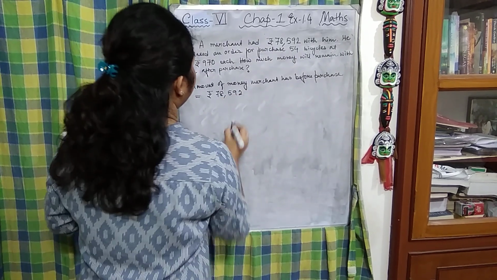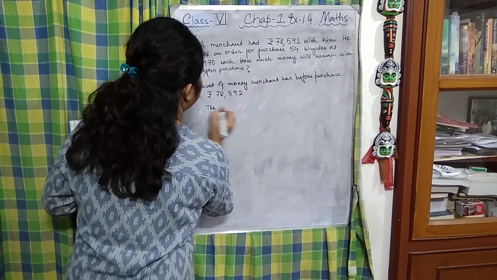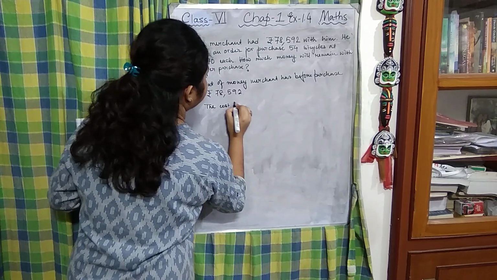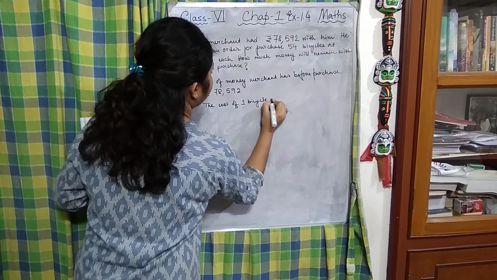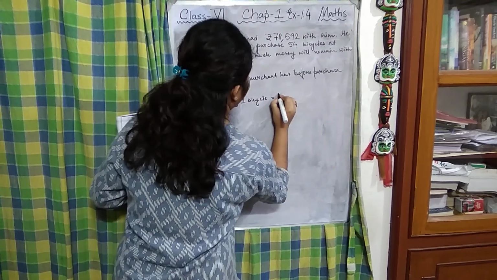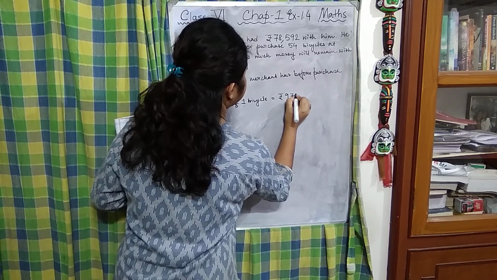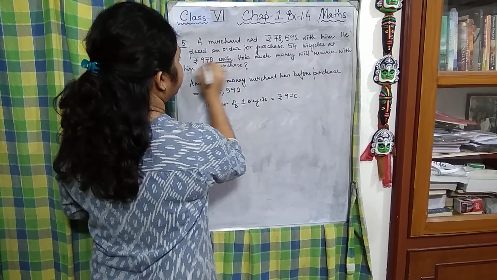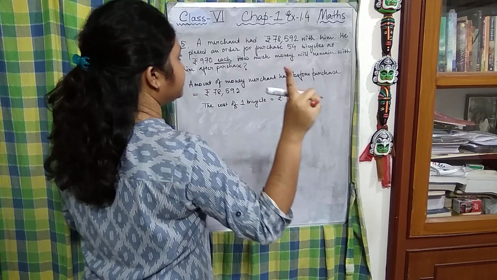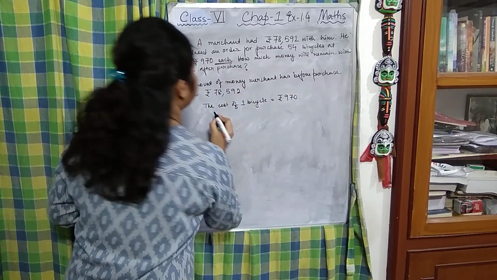Fine. Now the cost of one bicycle is equal to rupees 970. One bicycle, why? Because at rupees 970 each. Each means one bicycle costs 970.